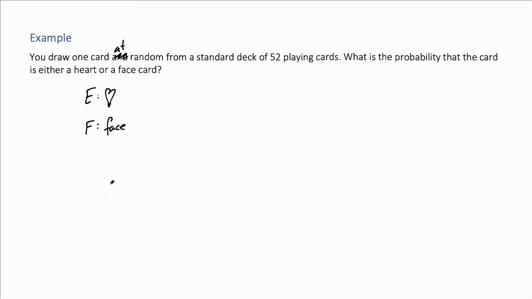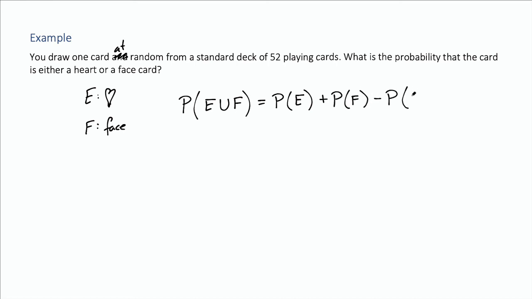And so we're looking for the probability of E or F, which is the union. The probability of E or F is, by definition, the probability of E plus the probability of F minus the probability of E and F, or the intersection.